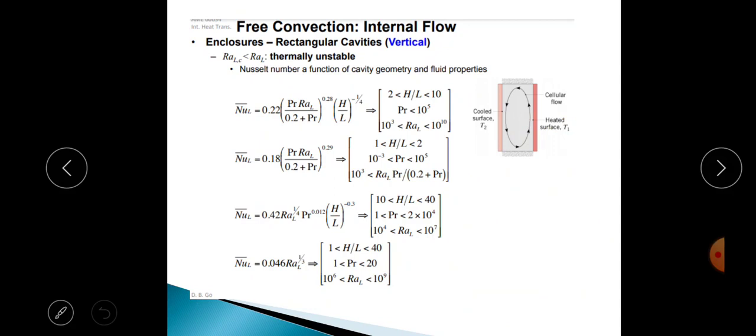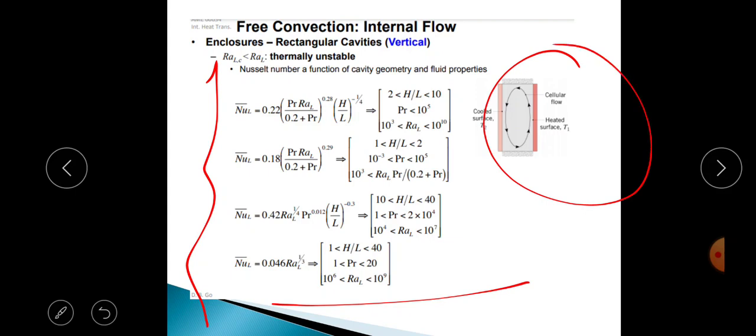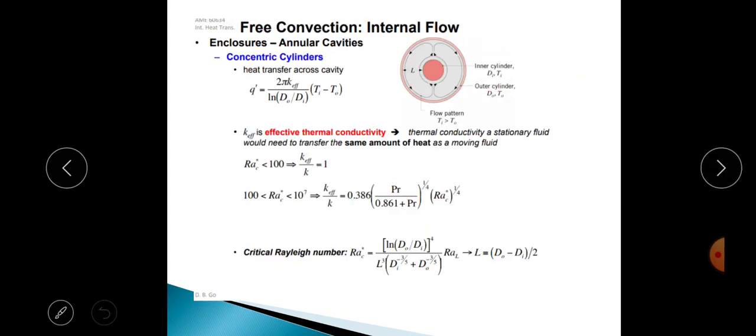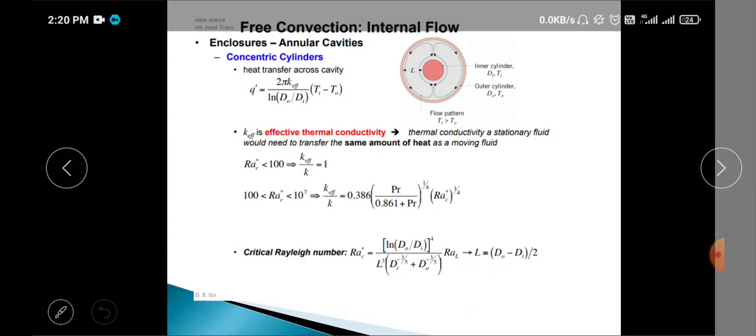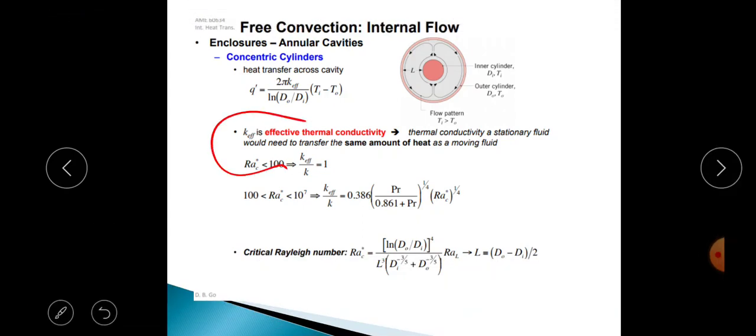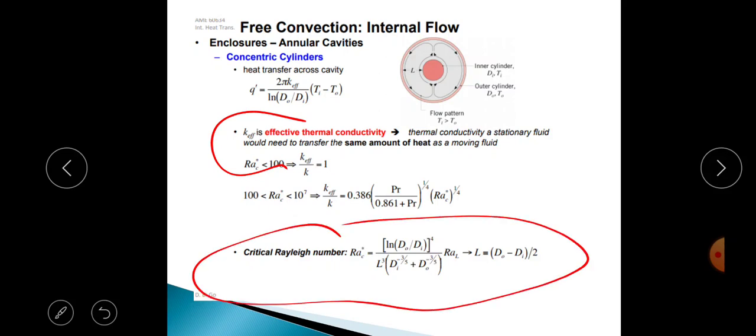Free convection for internal flow, here we have different correlations, for enclosures and rectangular cavities, for thermally unstable. And we have here free convection for internal flows, like enclosures, annular cavities, concentric cylinders, heat transfer across the cavity, and these are some different formulas.